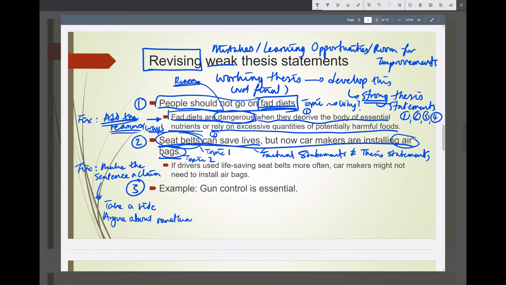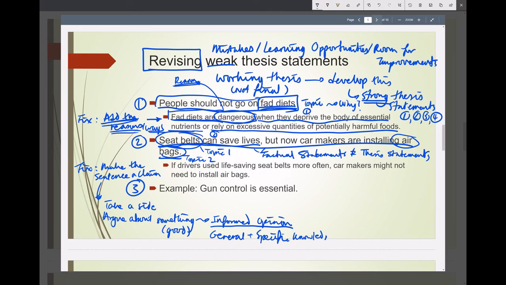And when I say something, of course, I mean something that you know what you're talking about. So an informed opinion. So you're not going to argue about anything, but you're going to argue about something that you know based on general knowledge and specific knowledge in your research.